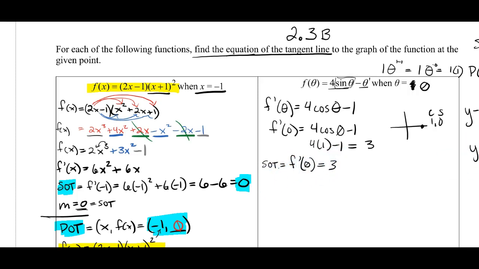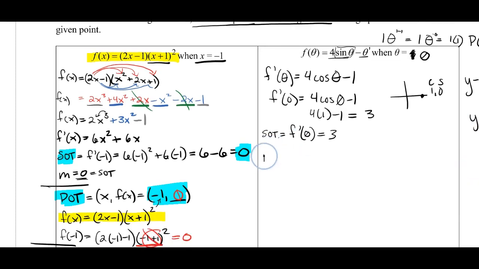Then I also need to find my point of tangency. That's going to be at theta, comma, f of theta. And I'm given theta up here as 0. And I need to find the function at 0 to find f of theta. So f of theta at 0 will be f of 0. I go back to the function.